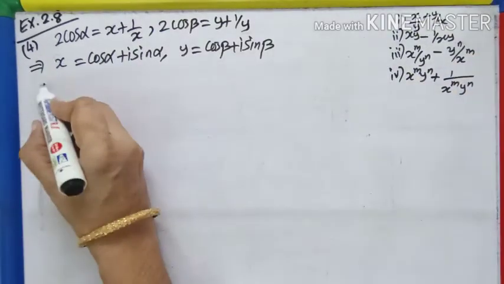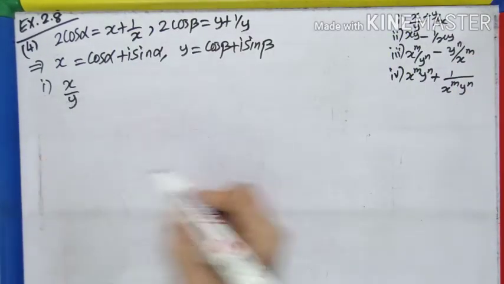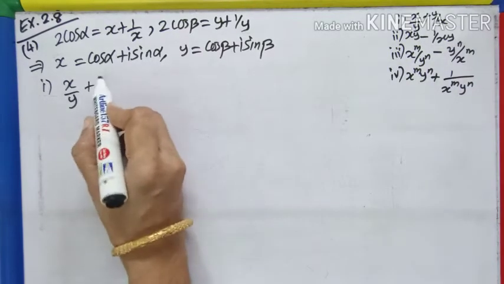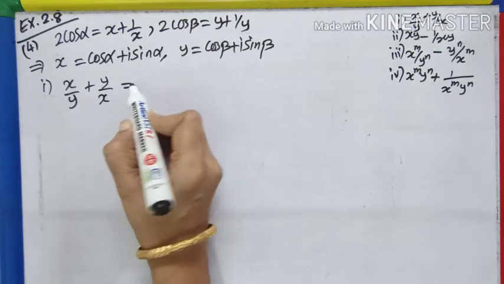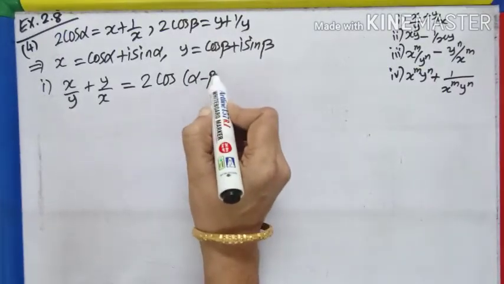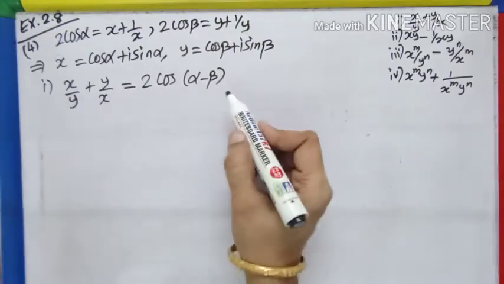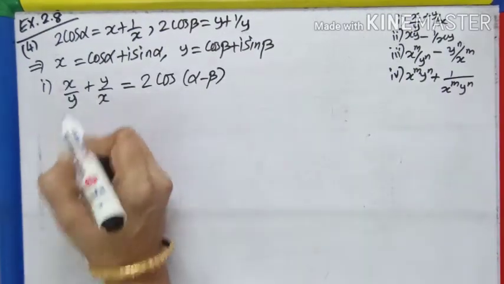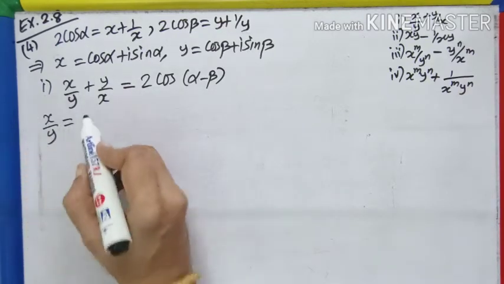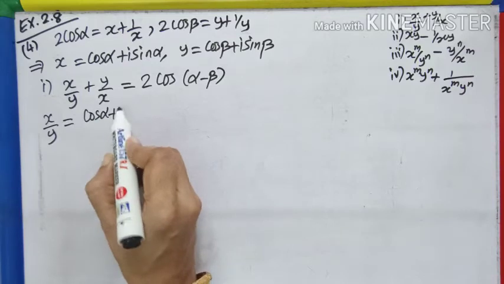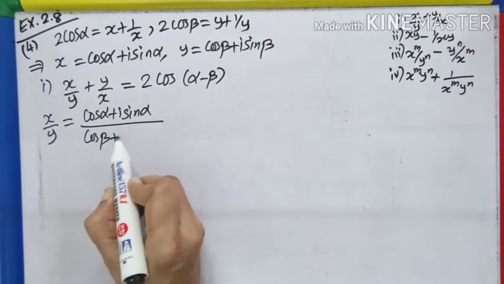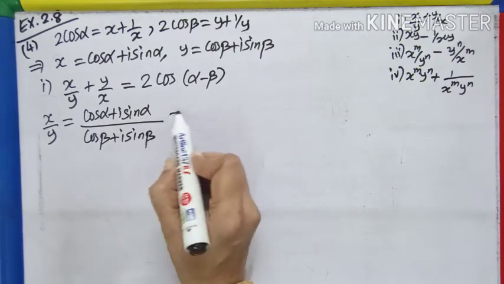What is my first result? x by y plus y by x is equal to, I want to show, 2 cos alpha minus beta. So this is what we want to prove. Let me find what is x by y, what is y by x? x by y is cos alpha plus i sin alpha divided by cos beta plus i sin beta.